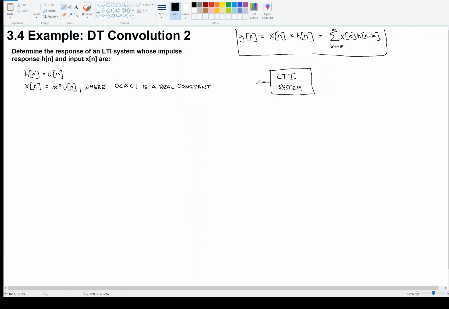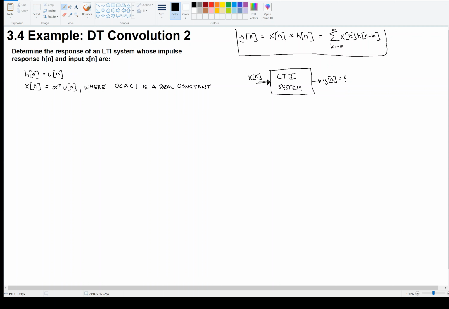What we're trying to determine is if I put in the signal x, which is this alpha to the n u of n, which I'll plot in a second, what do I get out? That's the question, right? So if you're thinking of this as a circuit, maybe this voltage or this current is coming from an antenna. So I put in this signal. I want to know what do I get out? So what's the output, across the capacitor or whatever.